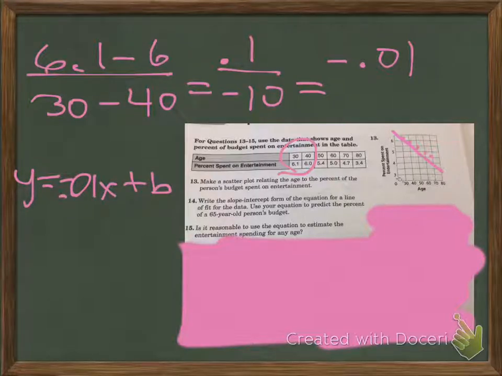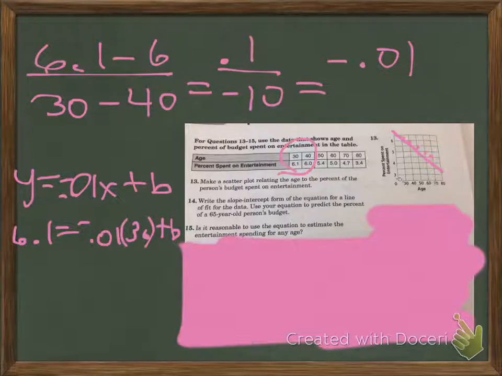Our b value comes from one of the points, so if we do 36.1, that means 6.1 goes in for y, 30 is going to go in for x, and we're going to solve for b.